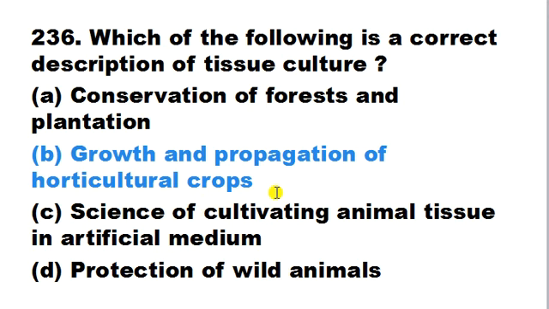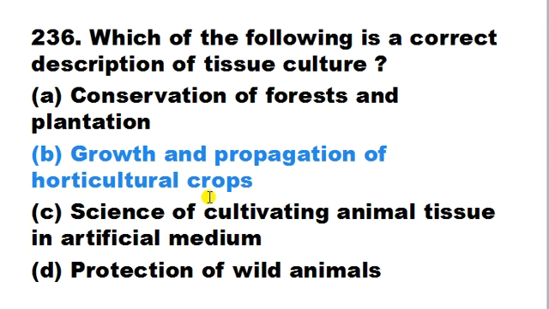That means it is the propagation and reproduction of many cells similar in genetic constitution, produced in artificial medium in the laboratory. So this is growth and propagation of horticulture crops in artificial medium, that means in vitro condition.